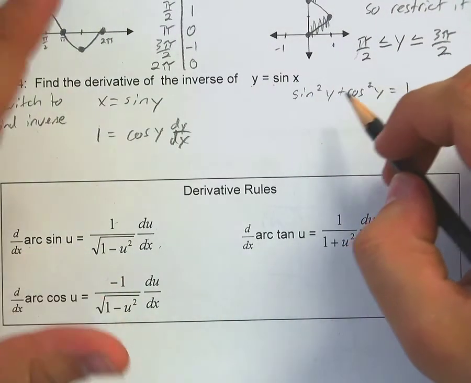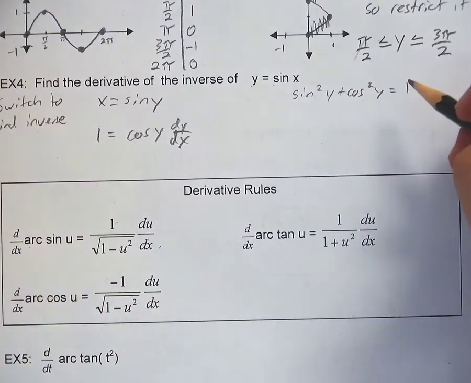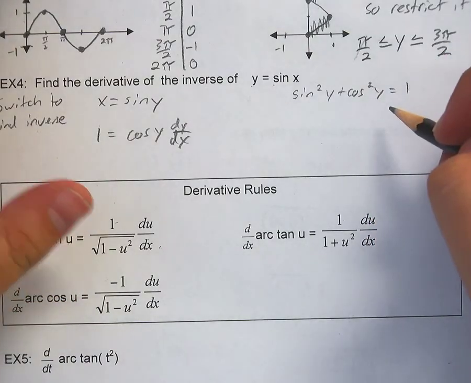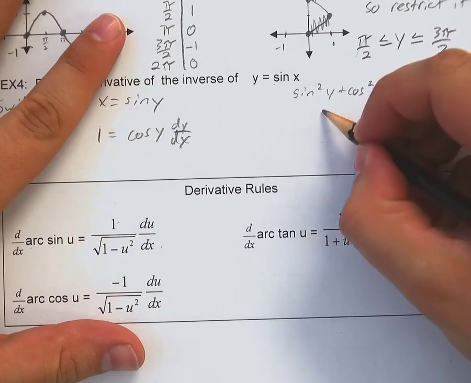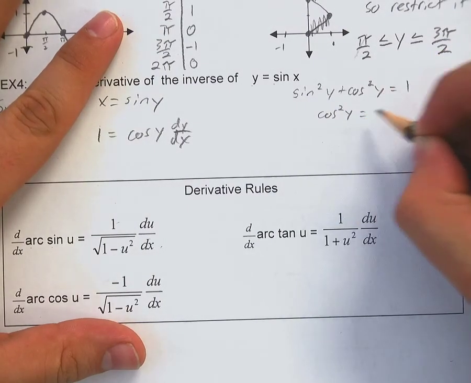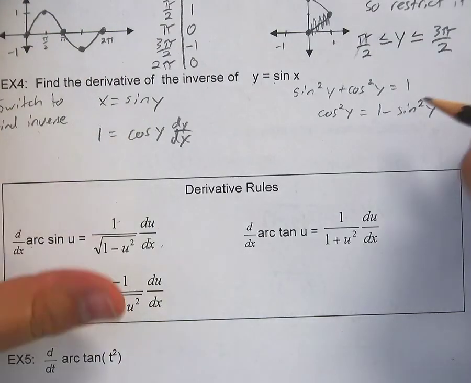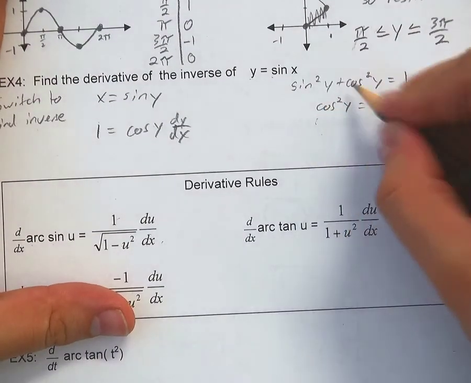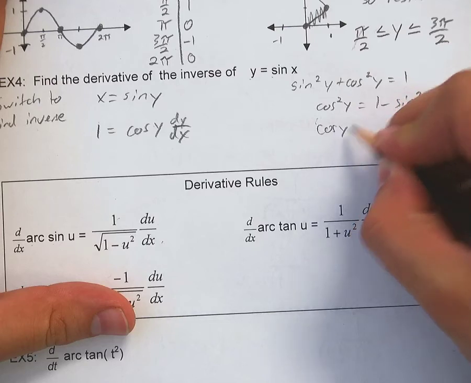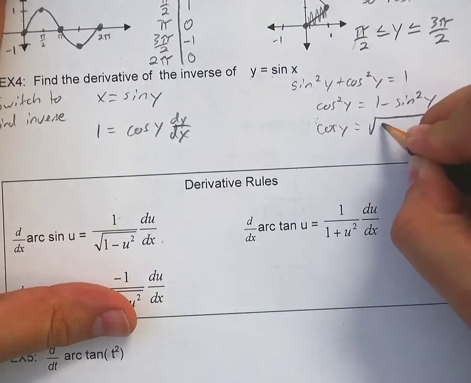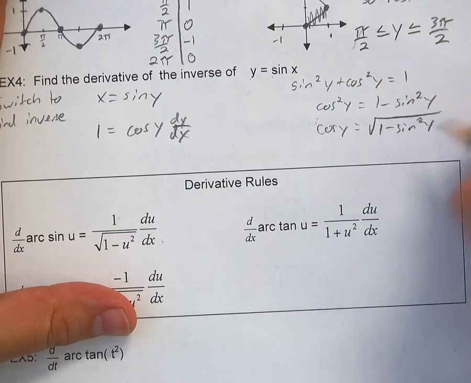Sine squared a plus cosine squared a is 1. Right? It's a property. And if we solve for cosine, we get cosine squared y is 1 minus sine squared y. Solve for cosine y, so square root both sides, you get cosine of y is the square root of 1 minus sine squared y.